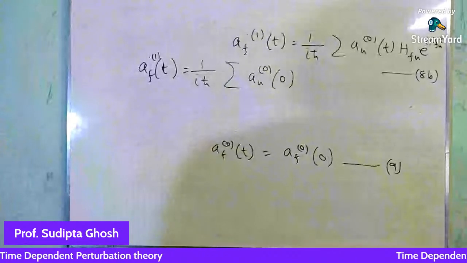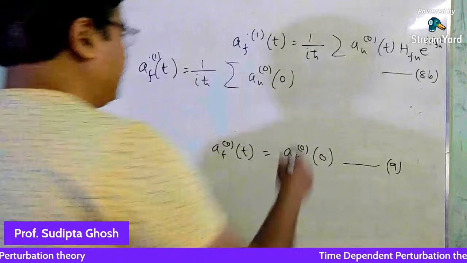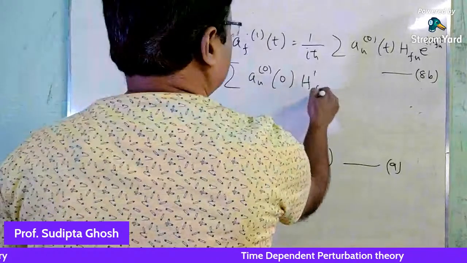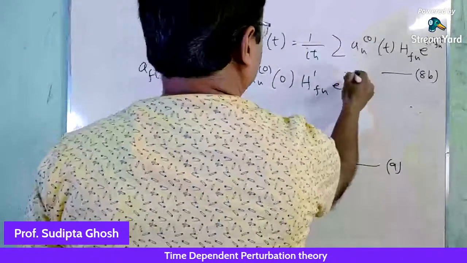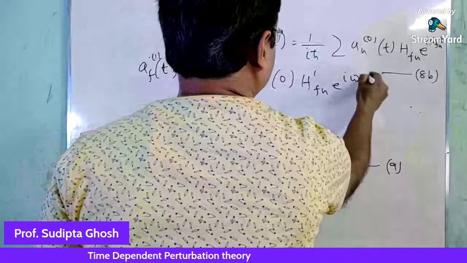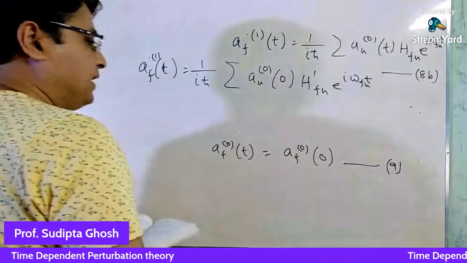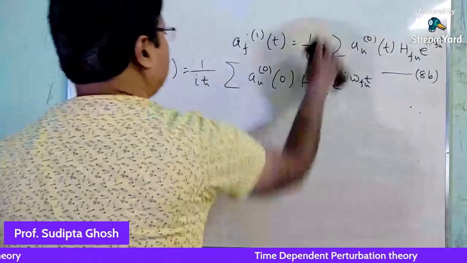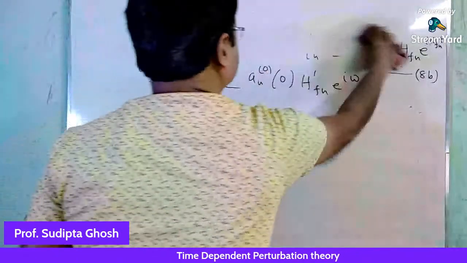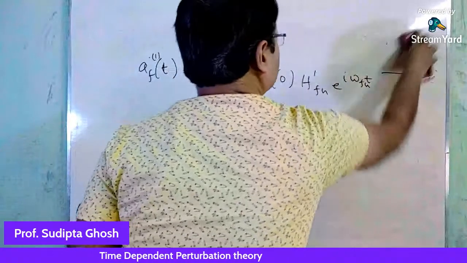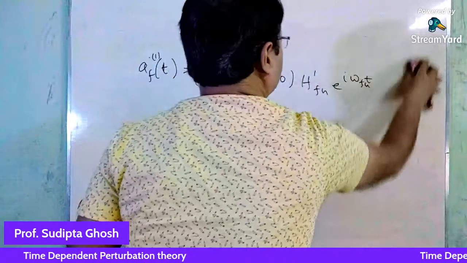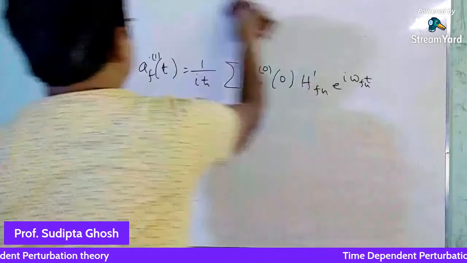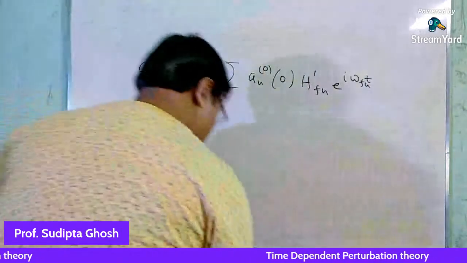So by using equation 9, equation 8b can be written in this manner. And here we are going to discuss the first order perturbation.